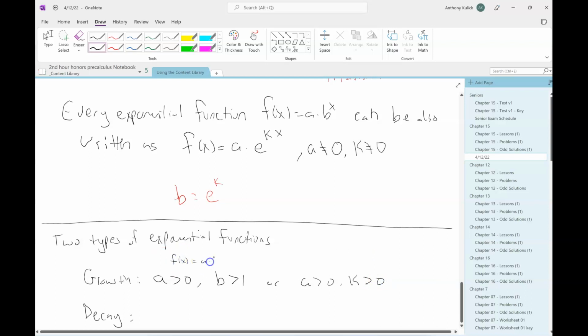Again, this would be for the a times b to the x equation, and this would be for the a times e to the kx version.